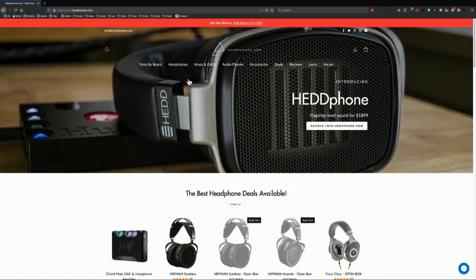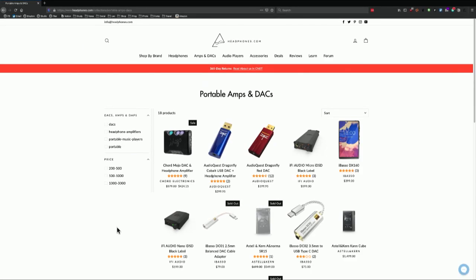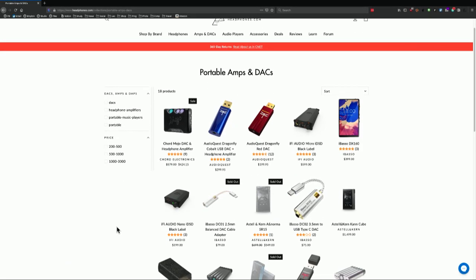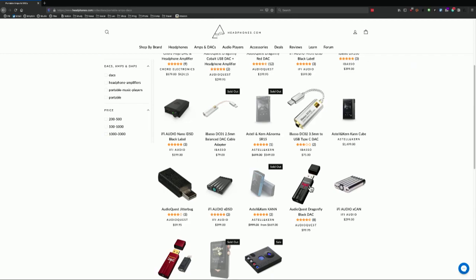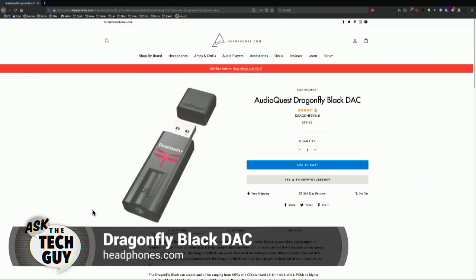There are a couple of different things you can buy. I usually go to a site called headphones.com, and you'll see they have a section called Amps and DACs. Let's take a look at their portable amps and DACs. One of the least expensive and kind of one of the best for simple use DACs is the Audioquest Dragonfly.